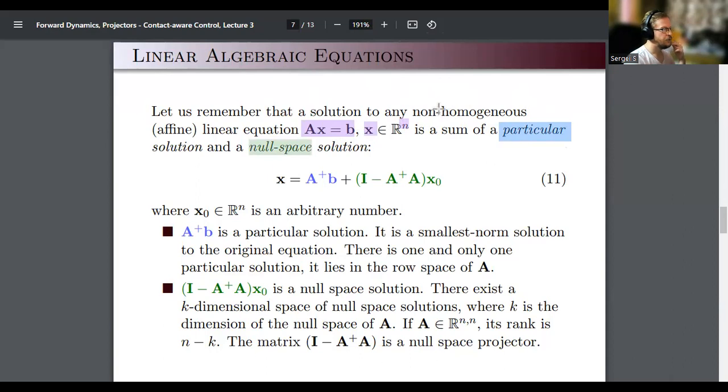Now, the particular solution is this A pseudo inverse b. This is what we call the particular solution.